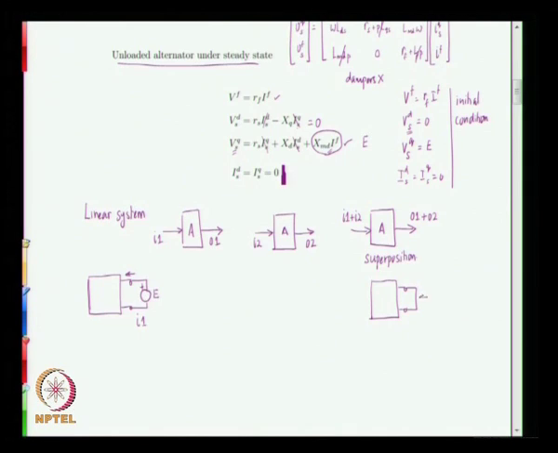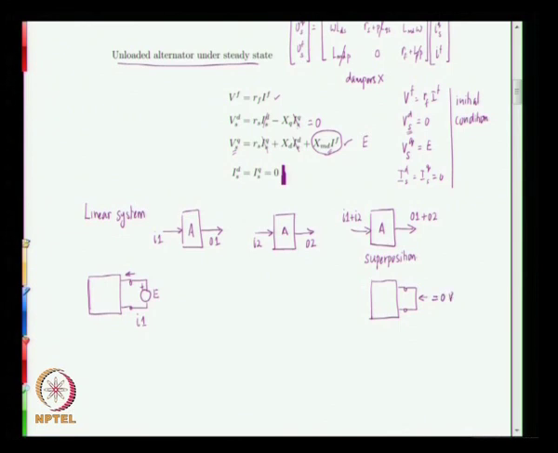Now, this means that the voltage that is applied at the terminals of the alternator is equal to 0 volt, and 0 volt can be represented as E plus minus E, and therefore, the response that we are getting can now be considered to be the superposition of the responses due to the two circuits here.